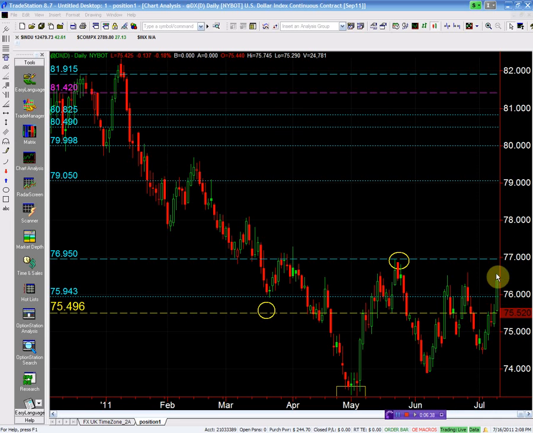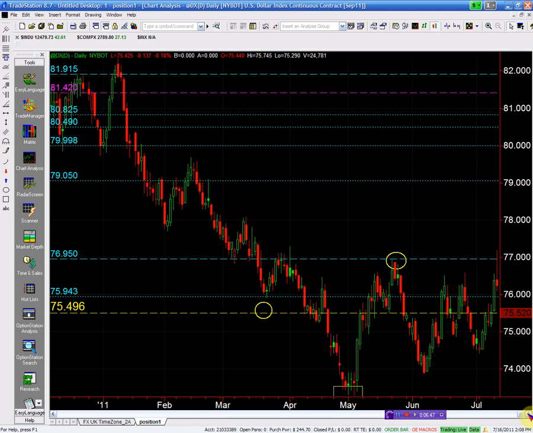So we are looking now for an expectation for the move above here, and this is what happened. We had a break literally above the 76.95, which is, again, as I told you a minute ago, if it goes above the 76.95, we're expecting a blow up to the upside.